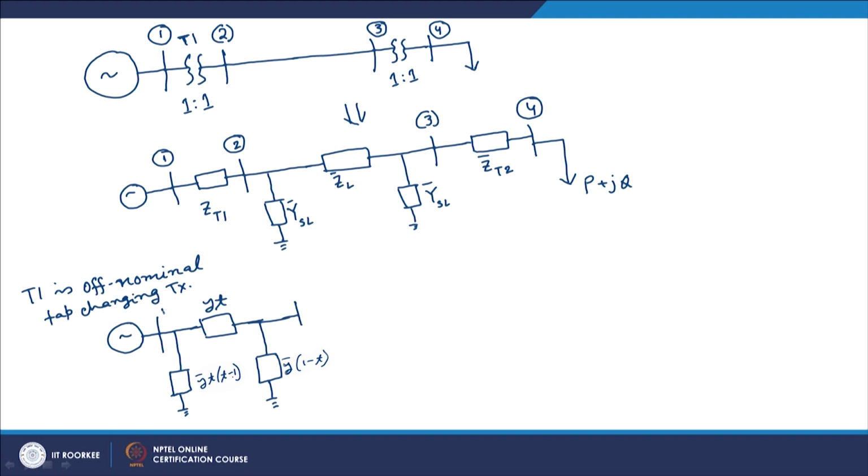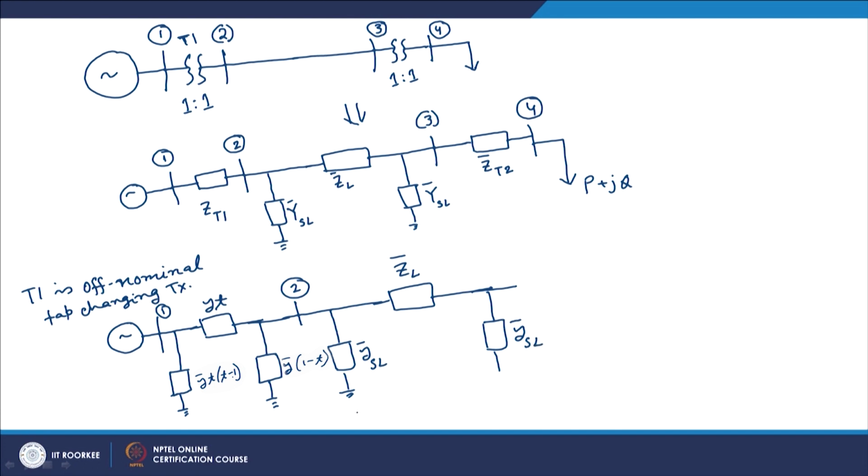This is bus 1 and this is bus 2, and then we have this line ZL, then YSL, then another YSL, so we reach bus 3.